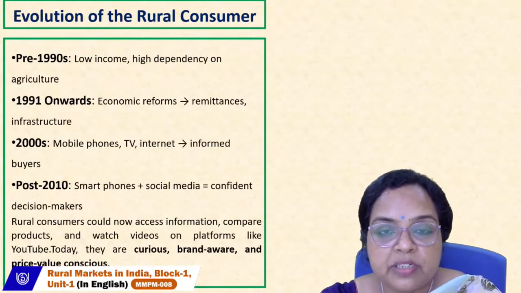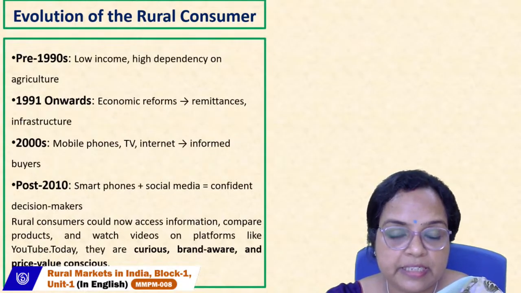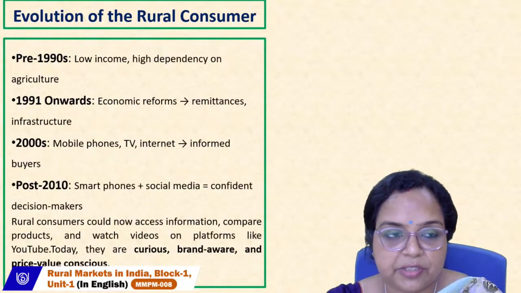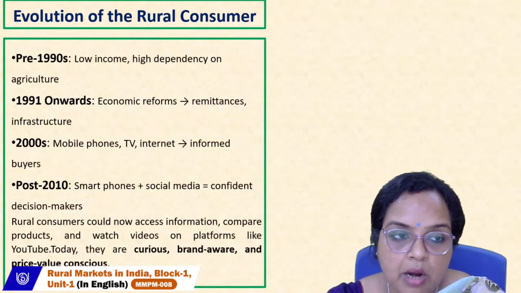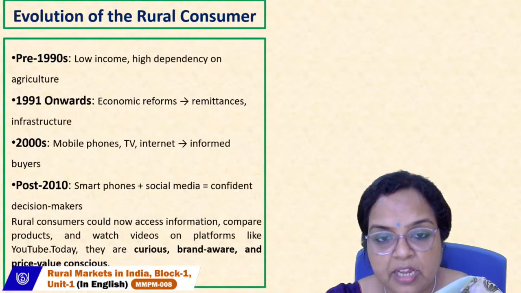How has the rural consumer evolved over time? Pre 1990s, income was low, with high dependency on agriculture. After 1991, economic reforms happened.